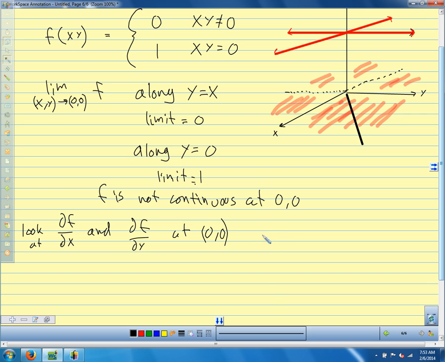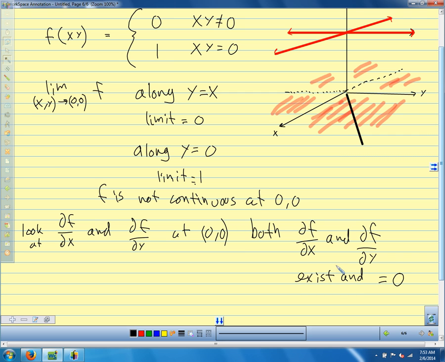At 0, 0, both of these partial derivatives, df dx and df dy, exist and equal 0.